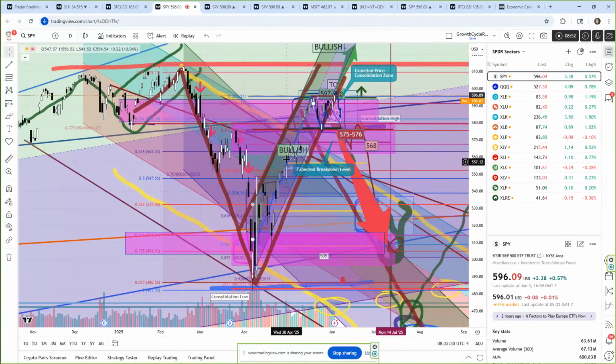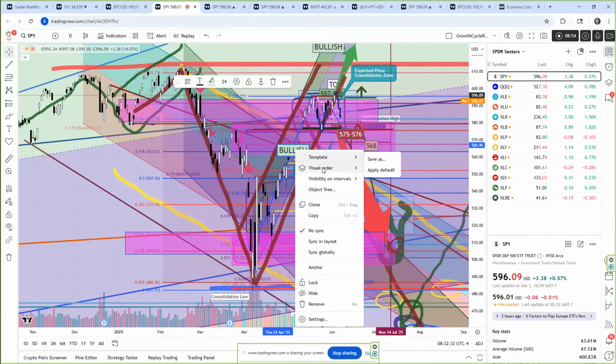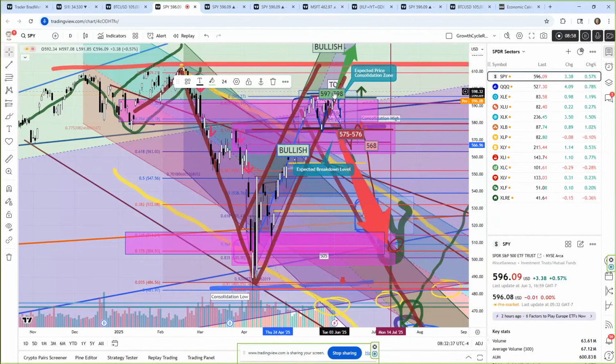Right now, we're generally bullish. Remember, that's the general order of things. We are in this uptrend until we either break down or break above this upper level, this red level right here. Call it 614. And that's the general structure of the market.